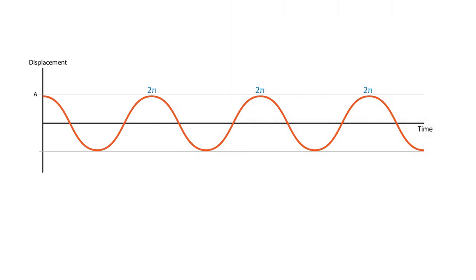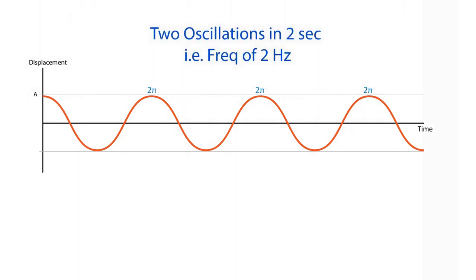Now this frequency can be denoted differently as well. Now notice that each oscillation covers 2 pi radians. And for our purposes, we are going to take two oscillations in 1 second. Now that means in 1 second, it covers an angle of 2 pi radians, twice, which is its angular frequency.